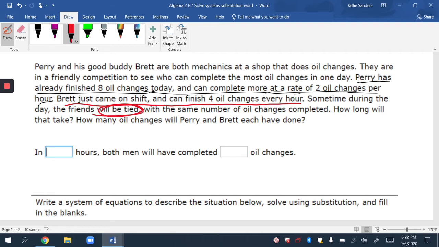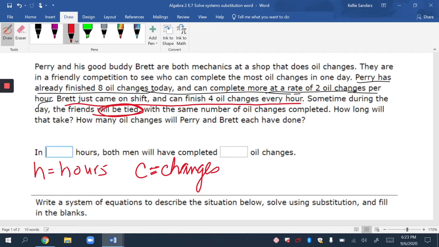So first off, we want to figure out what our letters are that we're going to use. So we're going to use H for hours and complete oil changes. I don't want to use O because it looks like a 0. So let's use C for changes. Okay? So let's talk about Perry. What has Perry done? Perry has already completed 8 oil changes and can complete more at a rate of 2 per hour.